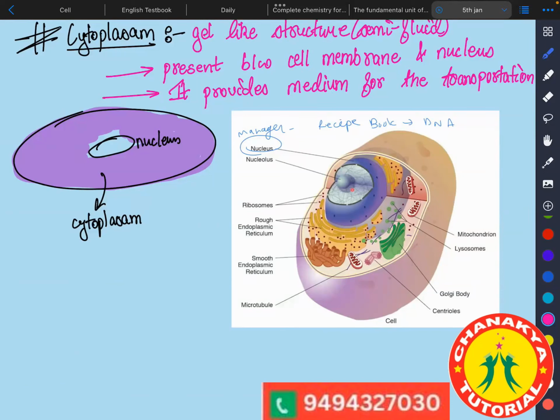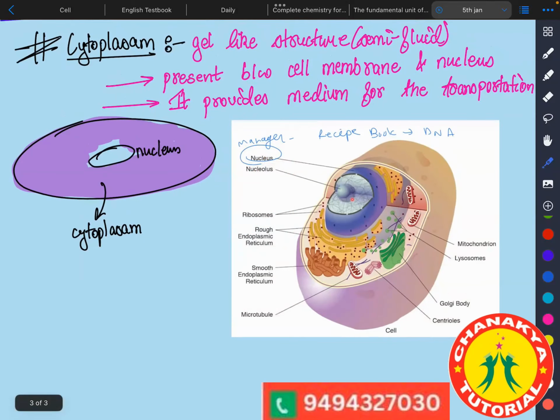As you can see, there are different cell organelles: the mitochondria, the lysosomes, the Golgi bodies, the centrioles, the microtubules, the smooth endoplasmic reticulum, the rough endoplasmic reticulum, the ribosomes, the nucleolus, the nucleus. All of these are filled with a semi-liquid known as cytoplasm. So for transportation purposes, it provides a medium through which the materials can transfer from one place to another.